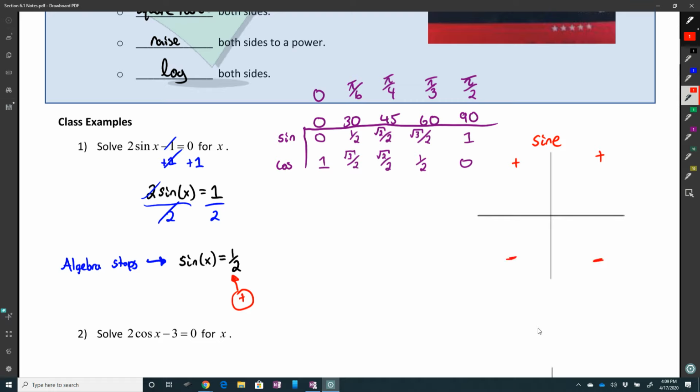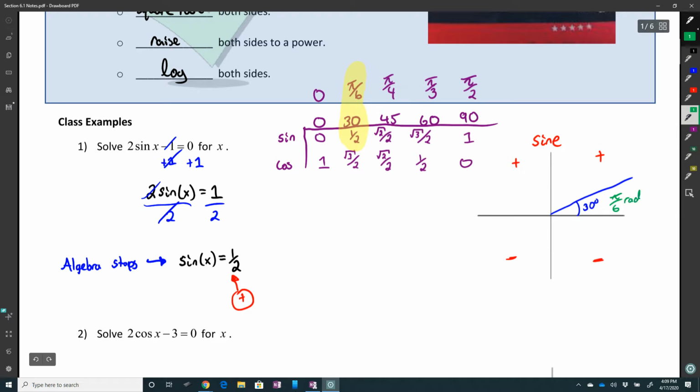So for sine of x to equal positive 1/2, that's going to be, and I'll erase this in a bit, but that's right there. When sine of x is 1/2, the angle involved is either 30 degrees or pi over 6 radians. So 30 degrees, or if you want to think of it as pi over 6.